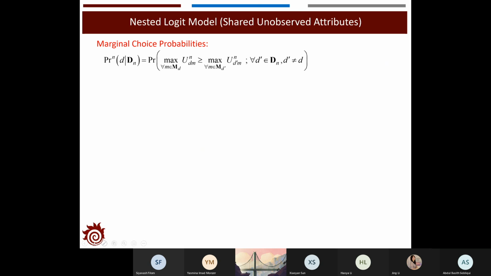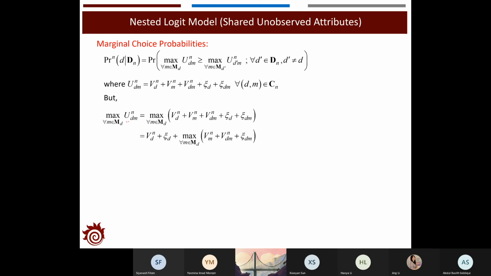For this derivation, we can still use the property of the Gumbel distribution. So we will try to find the maximum value of the utility for the set of the choices to the destination D, and here we can get all the equations of the utility, and we can pick the common variable out of the maximization.